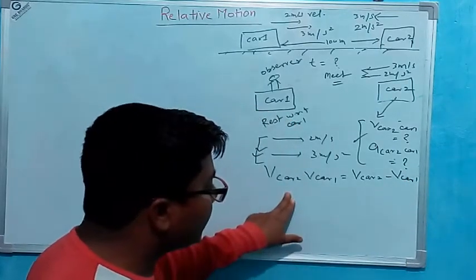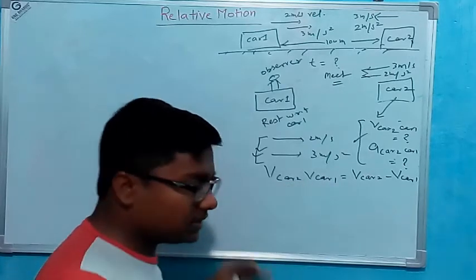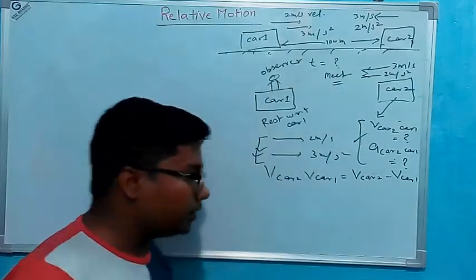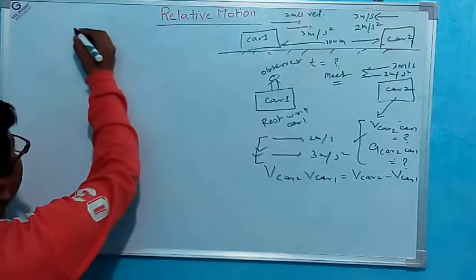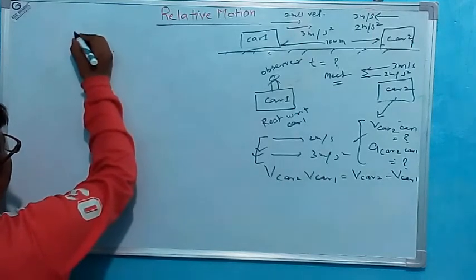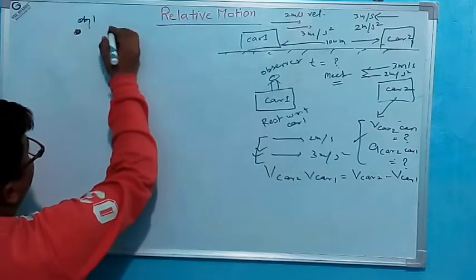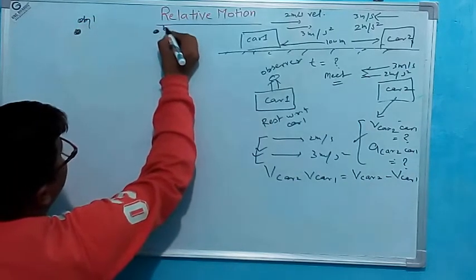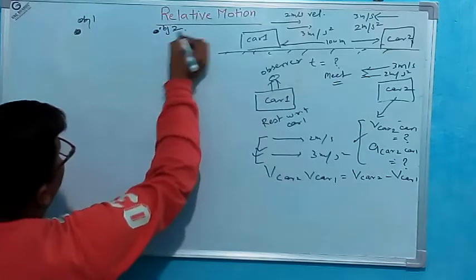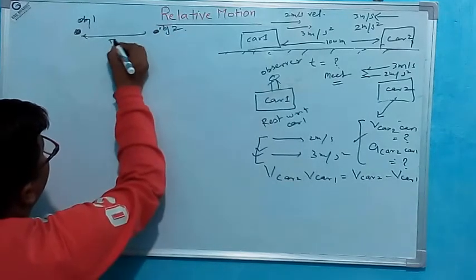We have to see where this is coming from. Okay, firstly we see that this is object 1 and this is object 2. They are separated by 50 meter.